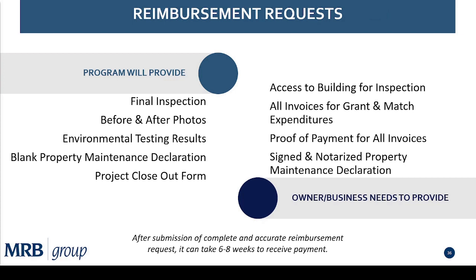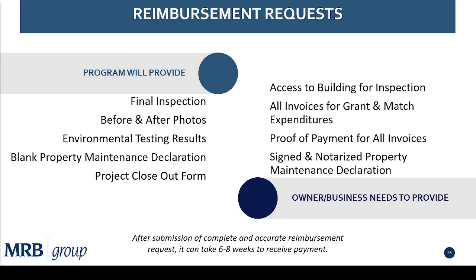So to get your reimbursement, the program, meaning us, will do the final inspection. We'll get the before and after photos, any environmental testing results, as long as you're using the program's retesting. Otherwise, you would need to get that to us. We'll give you the template property maintenance declaration, and we'll submit a project closeout form. What we'll need from you is access to the building for the inspections.